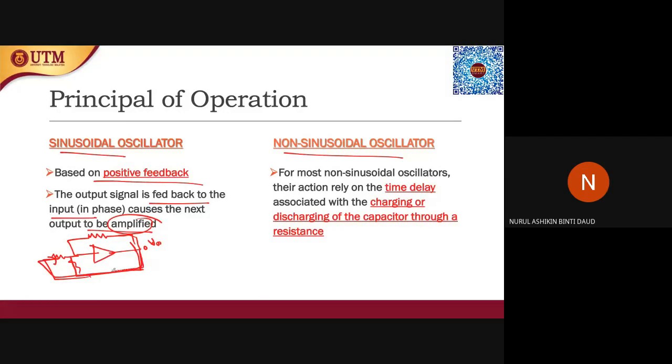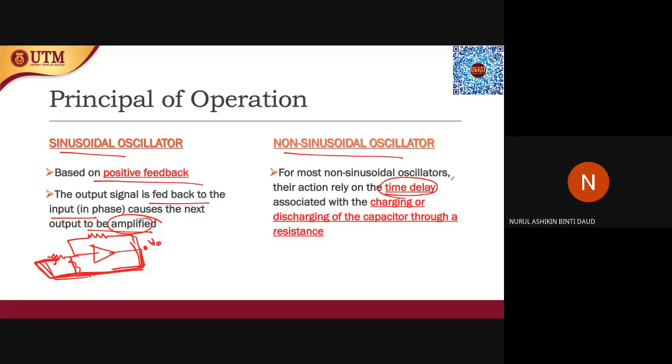The output from the oscillator goes to the feedback network, and the feedback network transmits the signal to the amplifier gain again. So it is like a cycle here, right? For the non-sinusoidal oscillator, the action relies on a time delay.